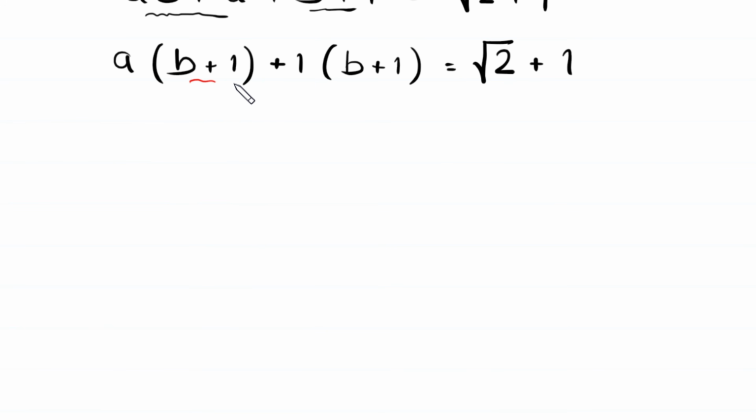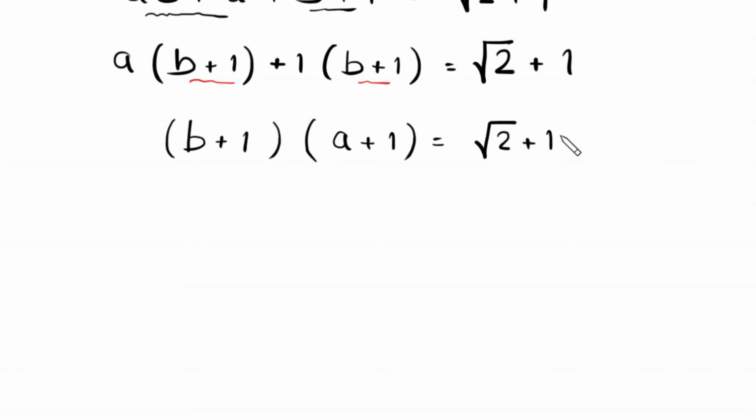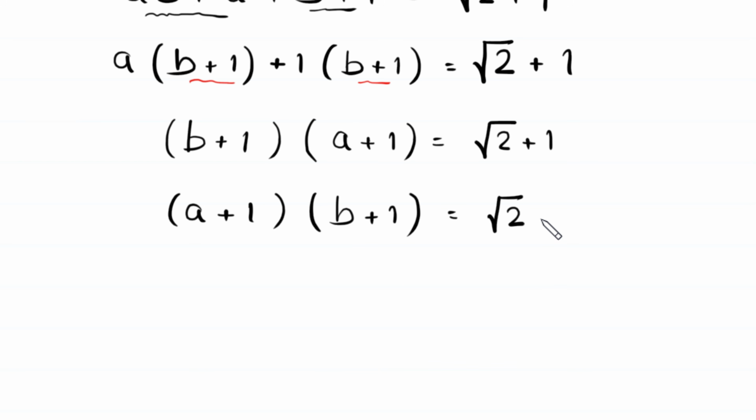Now this b plus 1 is a common factor, so we factor out b plus 1 and in bracket a plus 1 equal to root 2 plus 1. We can rewrite this equation as a plus 1 times b plus 1 equal to root 2 plus 1.